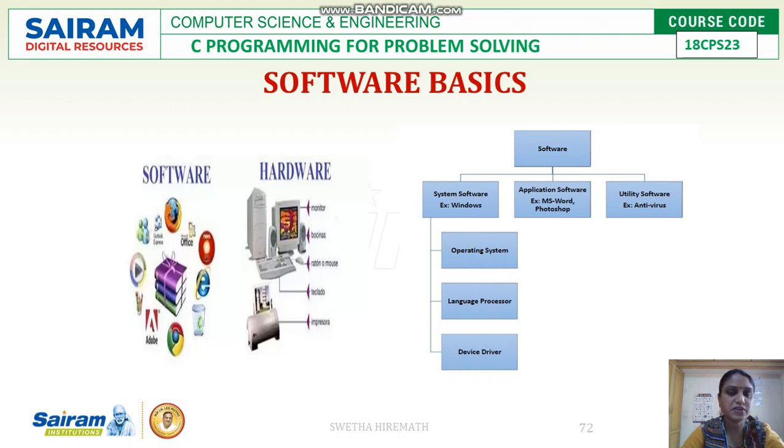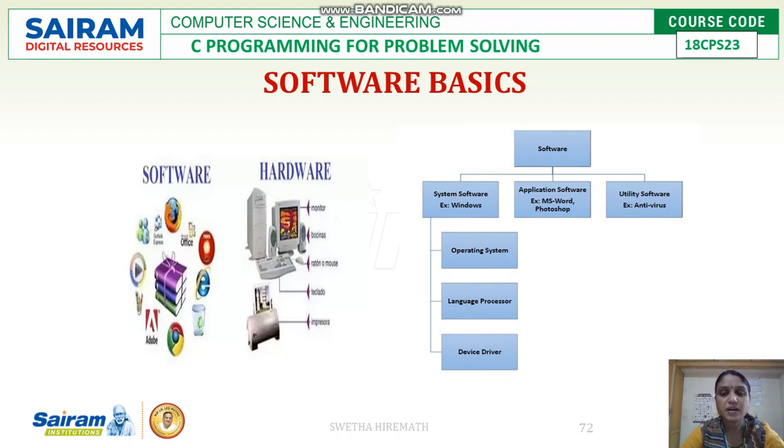System software is the software which makes our system work, and system here means the computer system. System software is again divided into three different types: operating system, language processor, and device driver. We will be studying these in detail one by one.